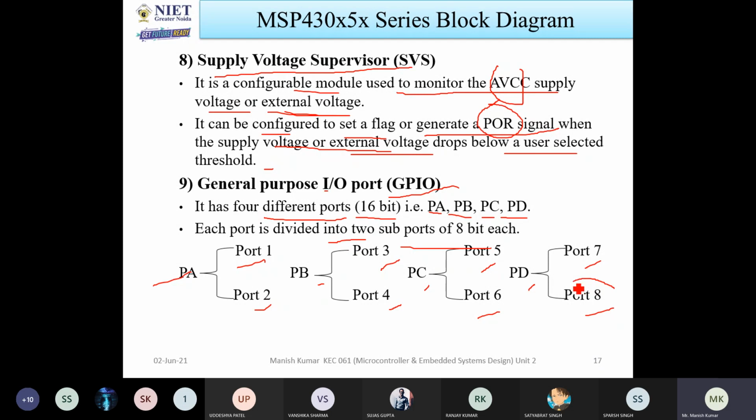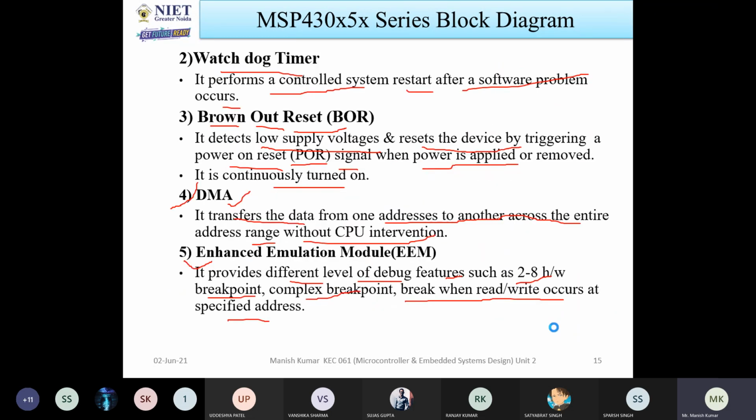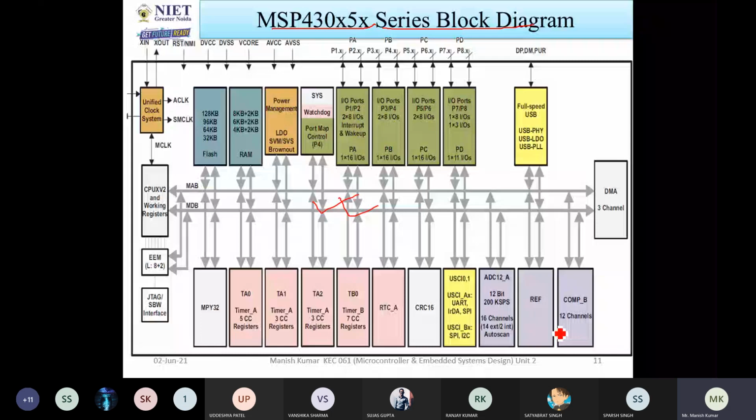But you can see that in port 8, you have only some pins for input output. Other pins are busy. Today I will discuss port D, this section. Port D has port 7 and port 8, and these two are available.